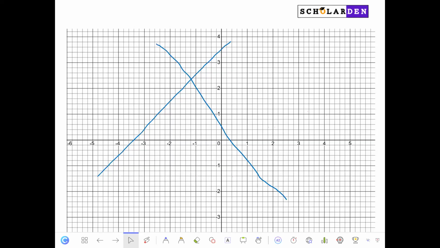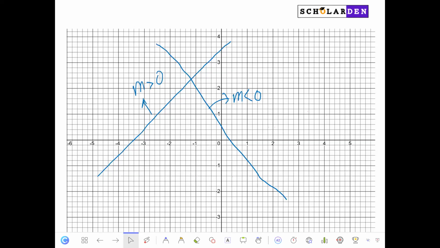Any line like this has a positive slope, and any line like this has a negative slope. So for this line, your slope is less than 0, and for this line, your slope is greater than 0.